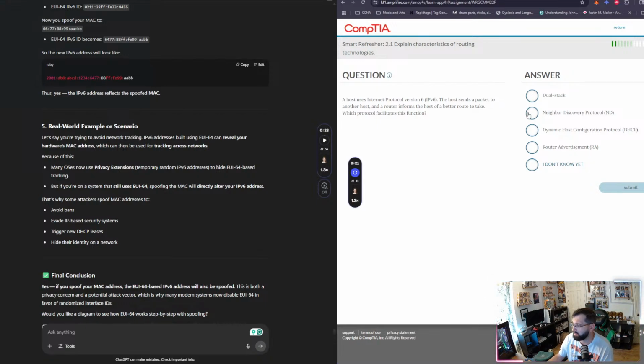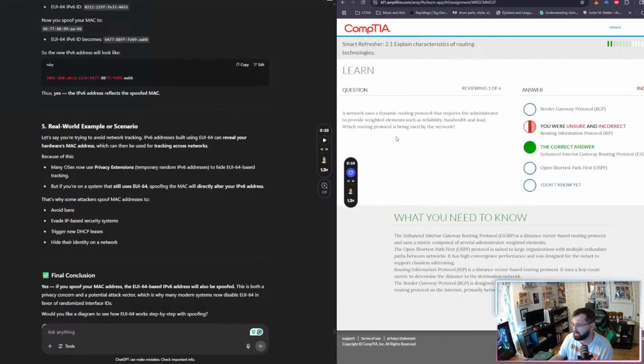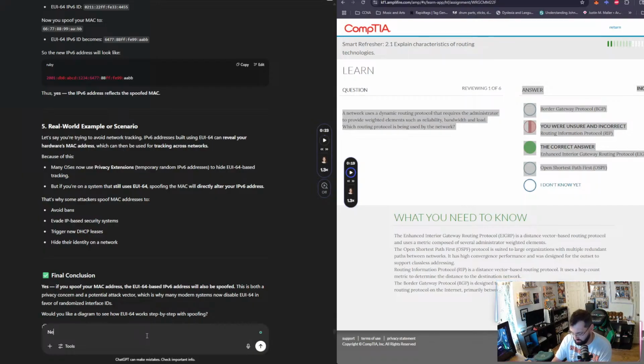I'm gonna say neighbor discovery protocol. Yeah. I don't know why I know that's the answer. I just know that's the answer. That is why I made it unsure. Let's learn here. We're definitely gonna use a little bit of ChatGPT. Next question.